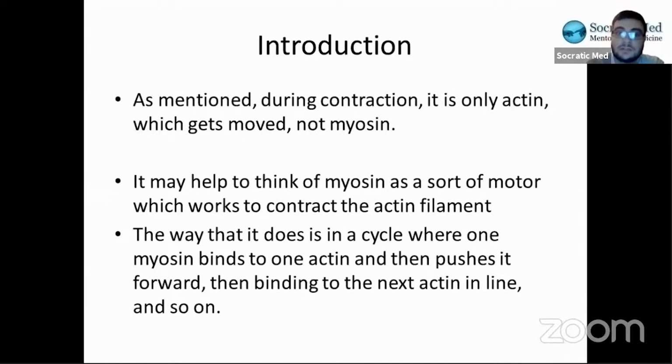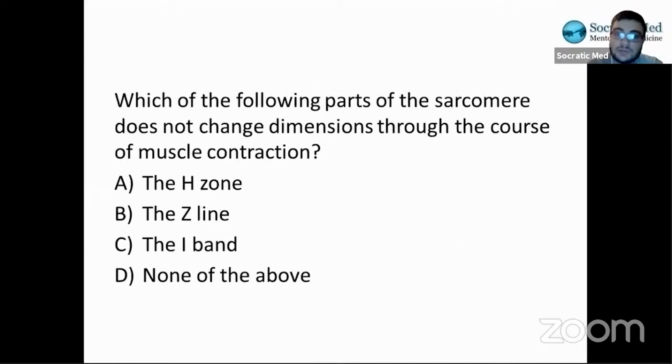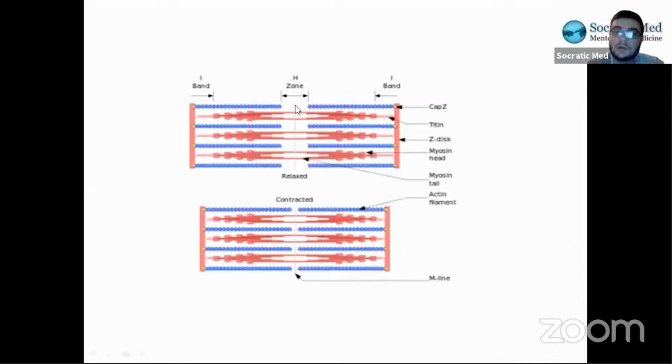One way to think about contraction is to think of myosin as a sort of motor which works to contract the actin filament. Here, the myosin, these little red lines, take these blue lines, the thin filaments, and push them closer and closer together, like a motor would.